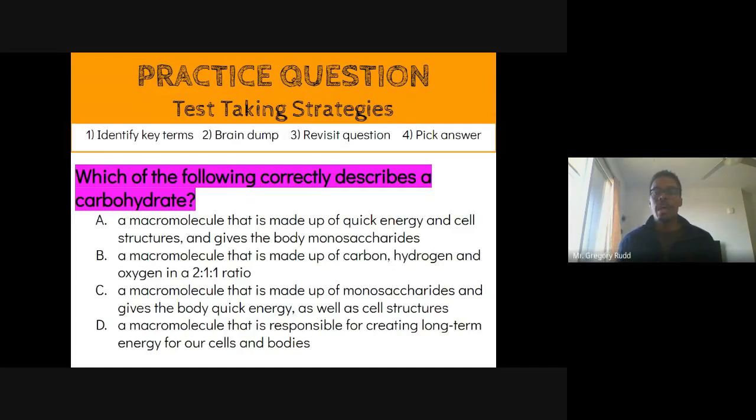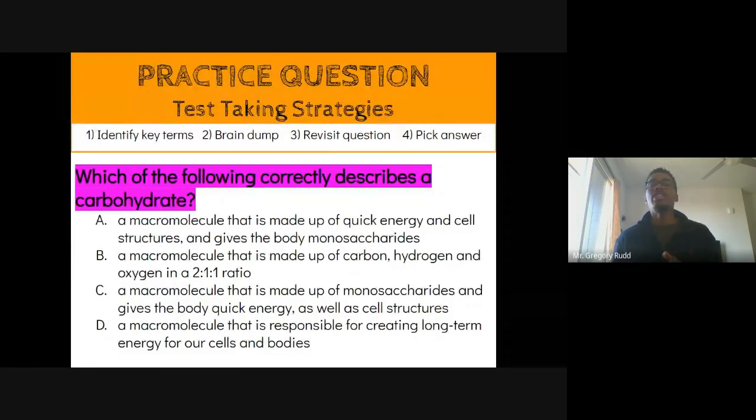So after we do that, of course, we go back to the question. Again, we don't want to forget what's being asked of us. This question asks, which of the following correctly describes a carbohydrate? So at this point, we're in a good place to answer this question. And we haven't even looked at the answer choices yet. So that's what you all should, when you practice this, hopefully you'll get so good that even before looking at the answer choices, you kind of already have an idea of what the answer will be.